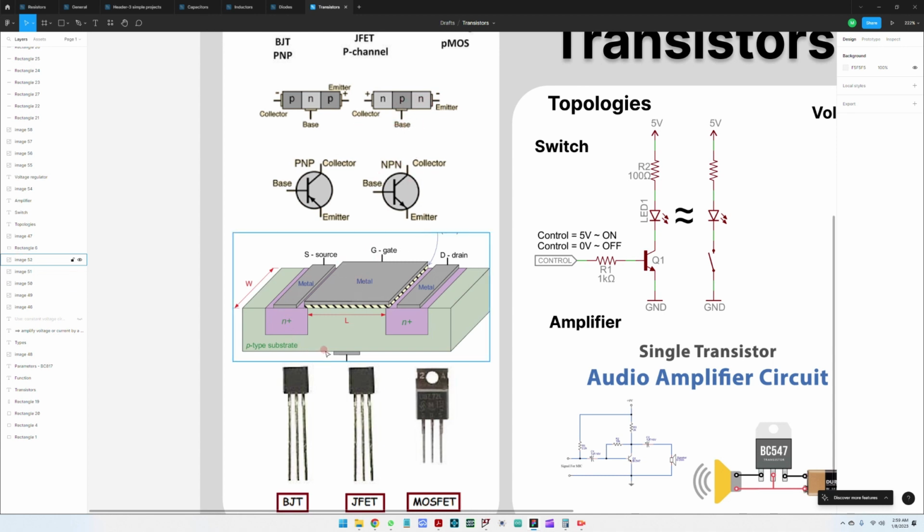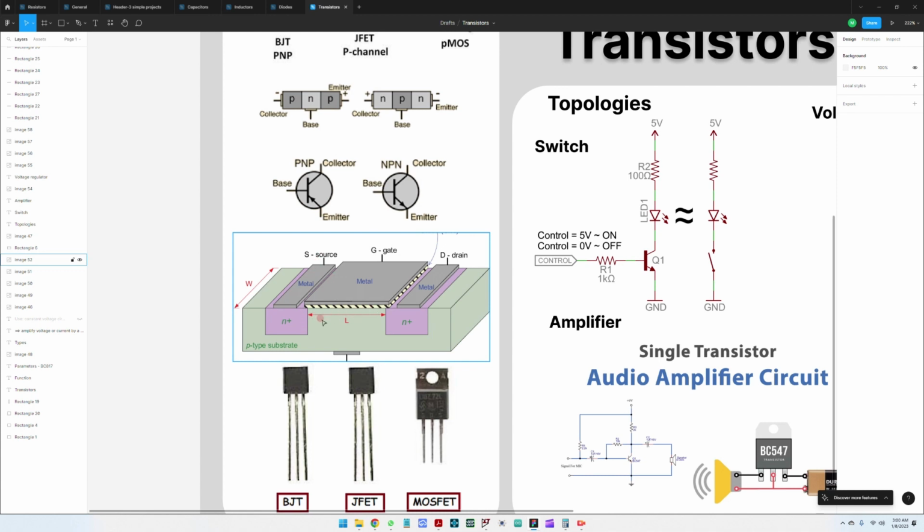For a MOS transistor, you have a channel that is formed between the gate and the source. So what happens when you supply the gate with a voltage? You have a voltage between the gate and the source.